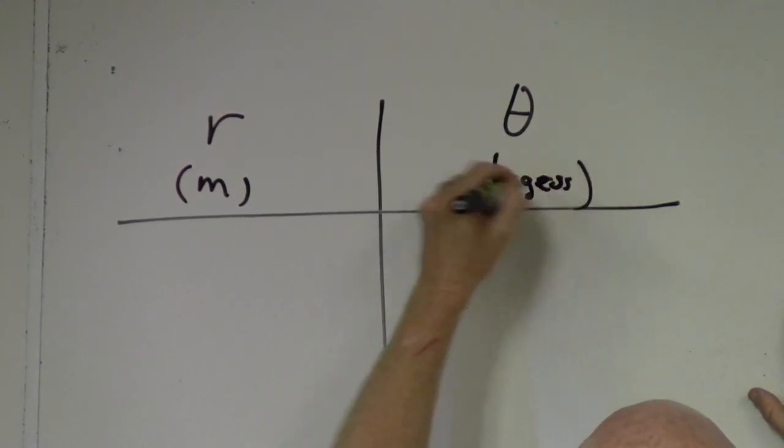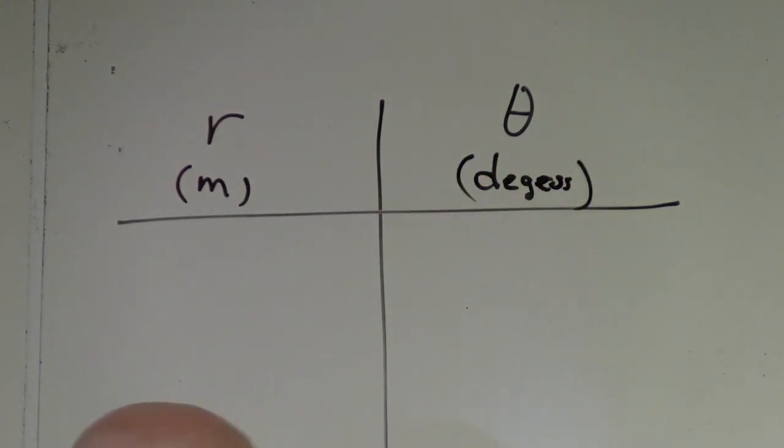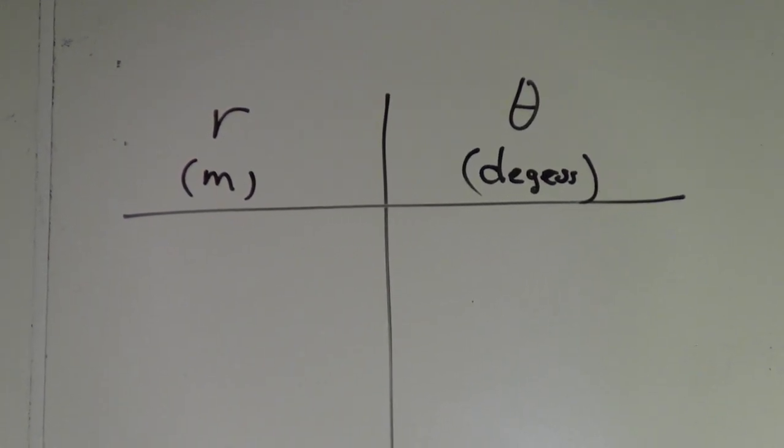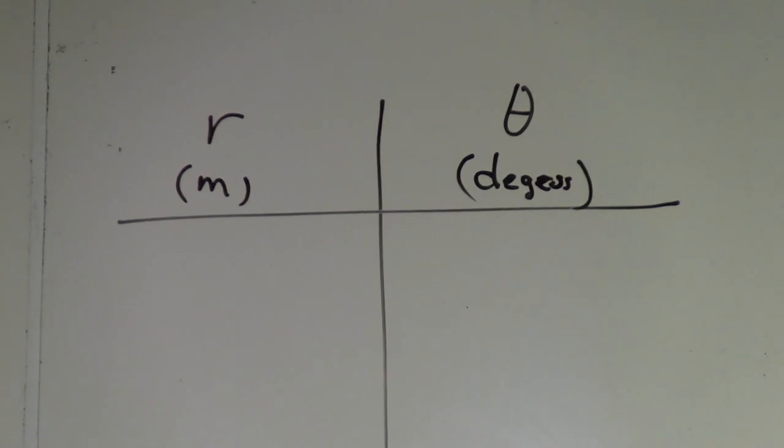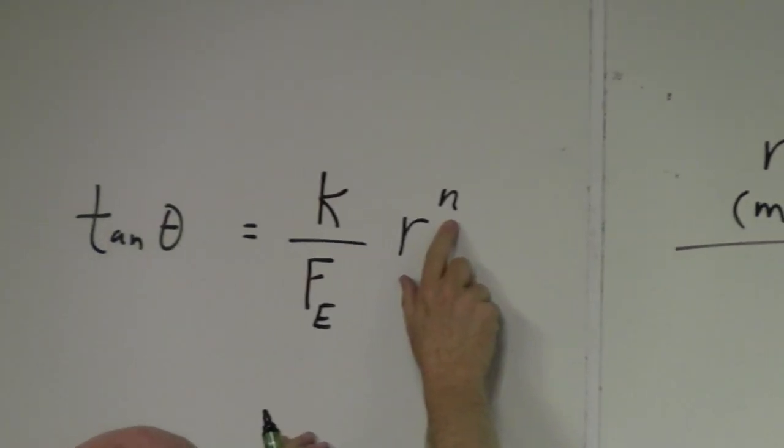Well, why not? Trying to remember that, yeah, that compass over there has everything in degrees, not radians. All right. Now, my goal then is ultimately to figure out what n is.